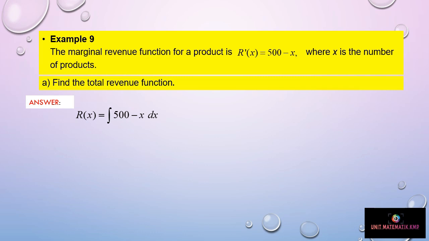So, by integrating 500 minus x dx, we will find that the revenue function equals 500x minus x squared over 2 plus k. When x equals 0, then the revenue function equals 0, meaning that k equals 0. So, the revenue function equals 500x minus x squared over 2.